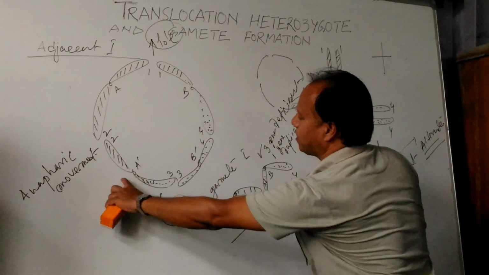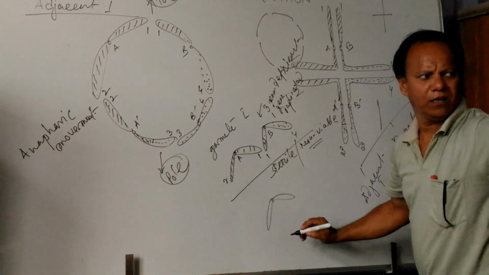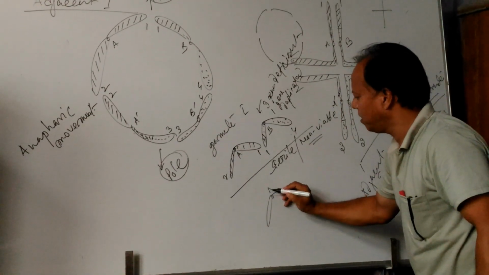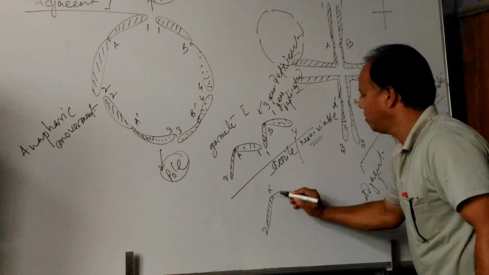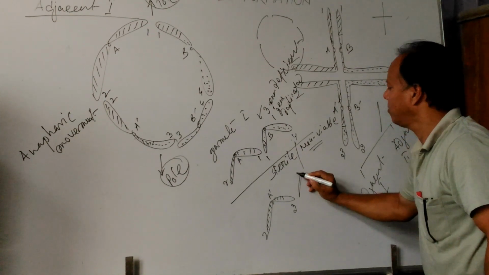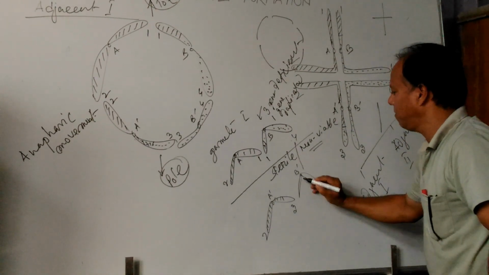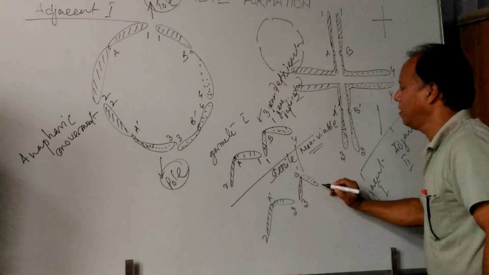Now for the second gamete, the lower 2 are involved here, having the centromere A prime with genes 2 and 3 and centromere B prime with genes 3 and 4.